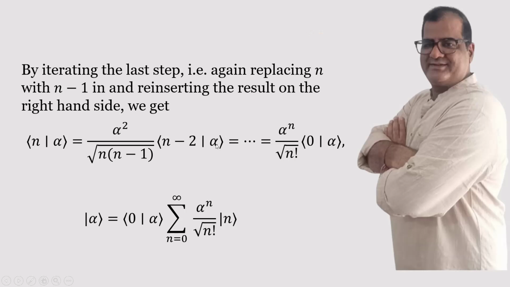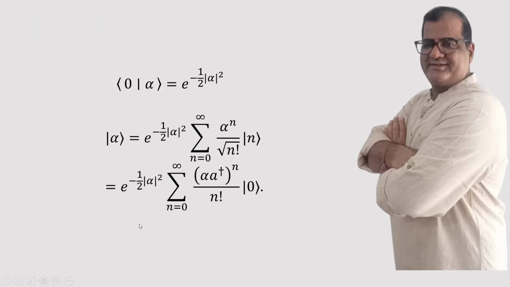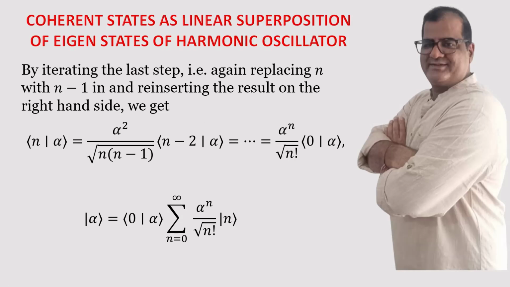So now this is the value I needed to calculate, and if I use this value in my definition of the coherent state as a superposition of eigenstates, this expression comes out like this. Now we need to normalize the state. When I normalize this state, I can find the value of this coefficient as e to the power minus mod alpha square over 2.